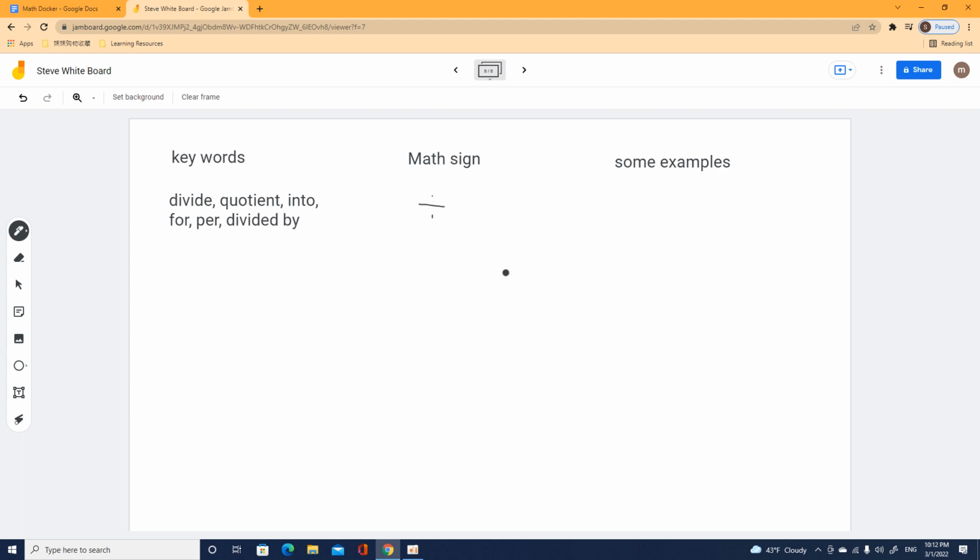I also give you some examples, such as 100 divided by 2. So that means 100 divide 2.